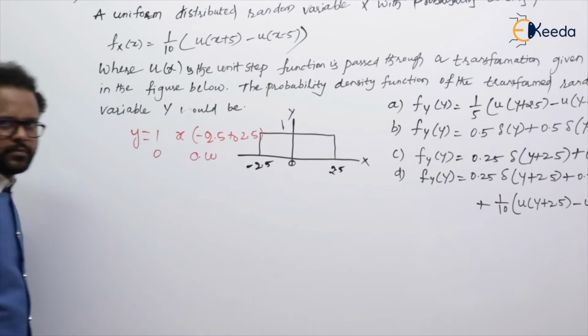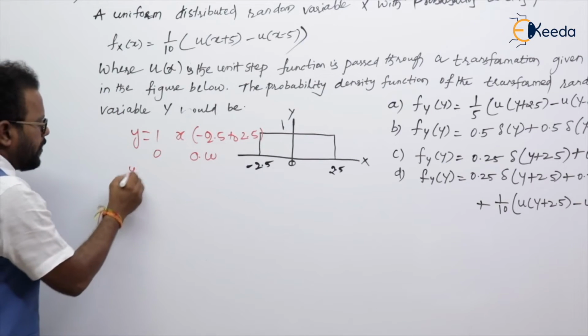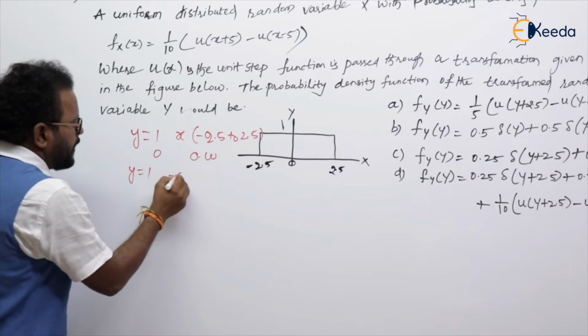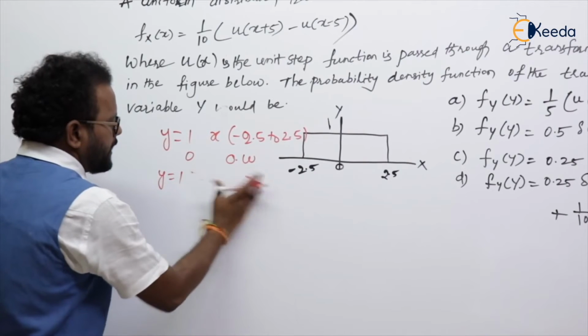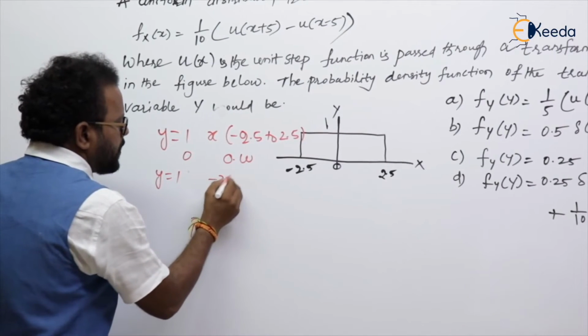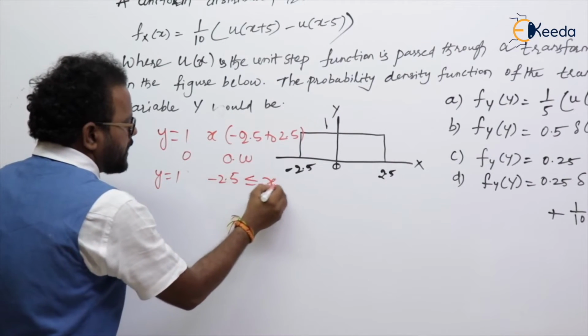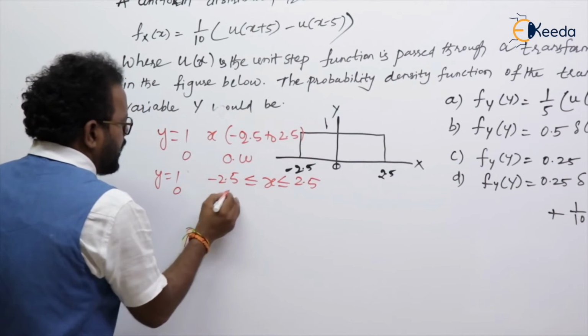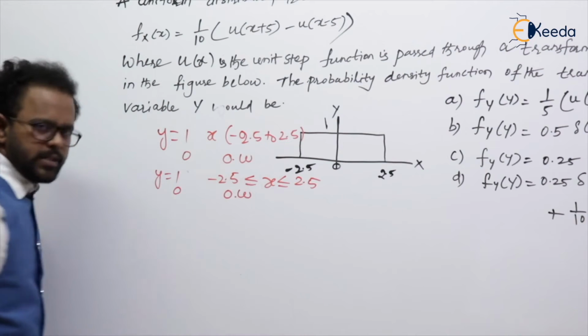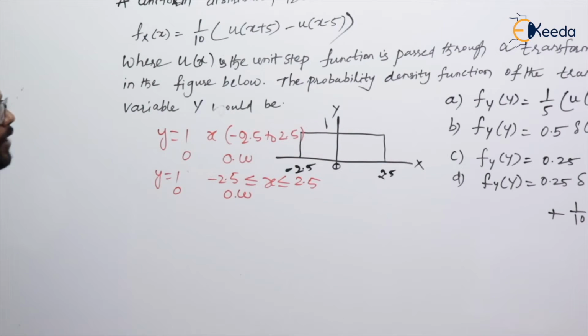So simple logic: y value is 1 whenever minus 2.5 is less than or equal to x less than or equal to 2.5, and its value is 0 otherwise. Now he is asking what the probability density function for y is.